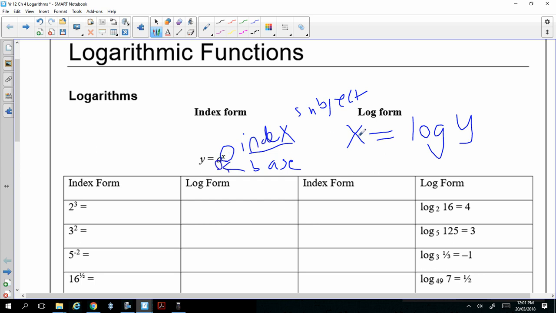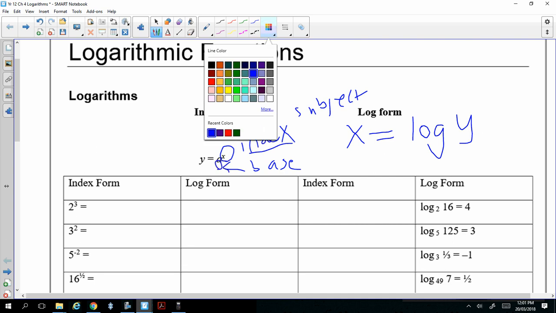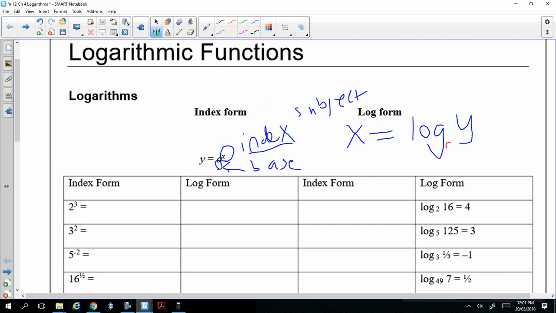So x is on the left, y is on the right, and the base is a. This is called the log form: index form to log form.